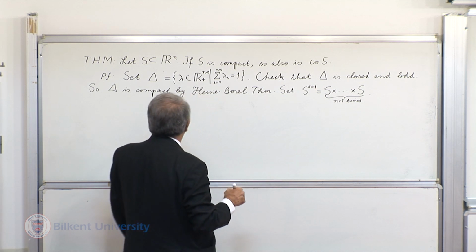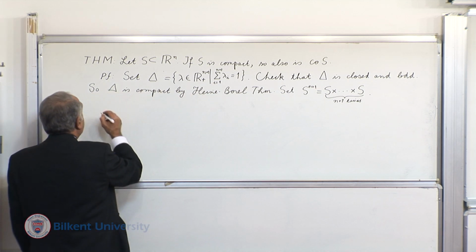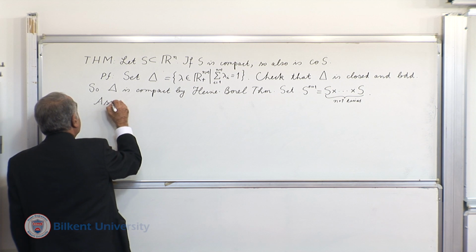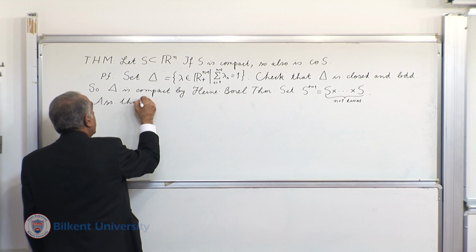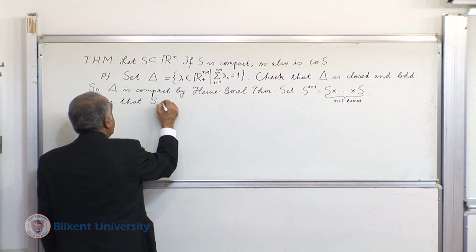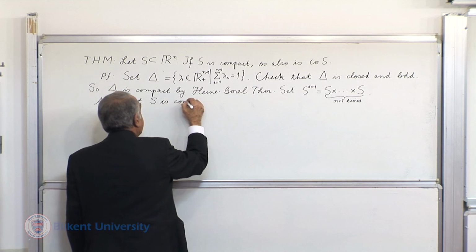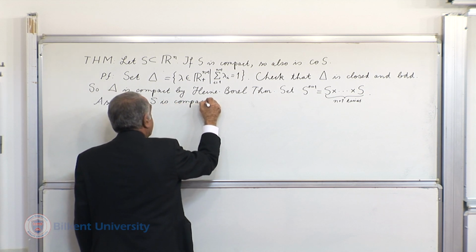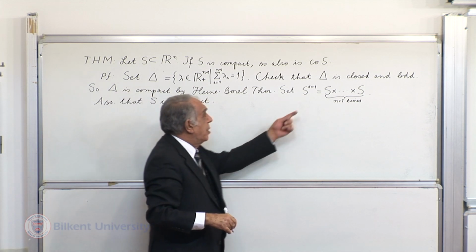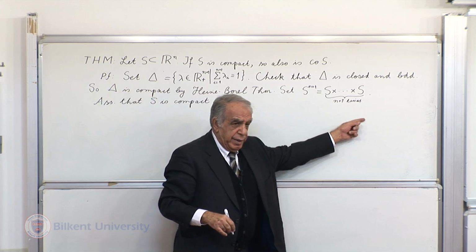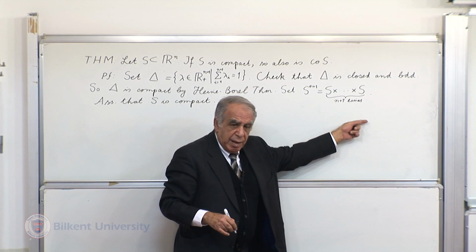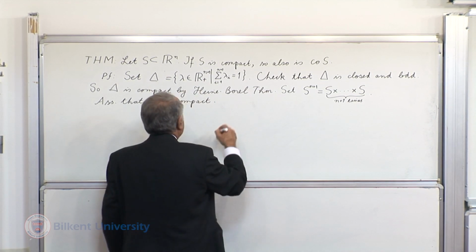Now, assume that S is compact. Now, this will be compact by Tikhonov. It's a product of compact sets.